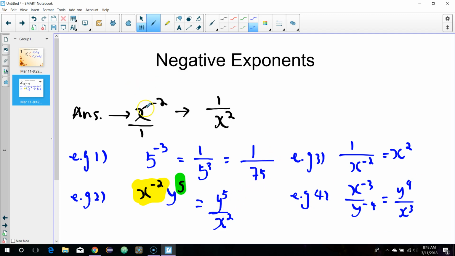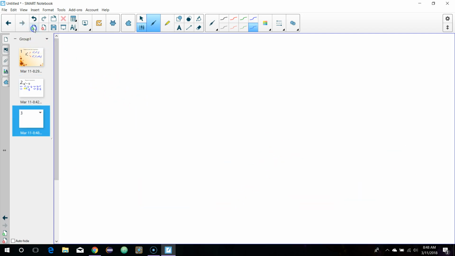So let's make one that's a little bit more tricky. X to the power of negative 1, put a 4 over here, y to the power of 5, z to the power of, I don't know, negative 6. Alright, so if you get to the answer like this, you are going to switch the location. So let's see what I can switch. 4.